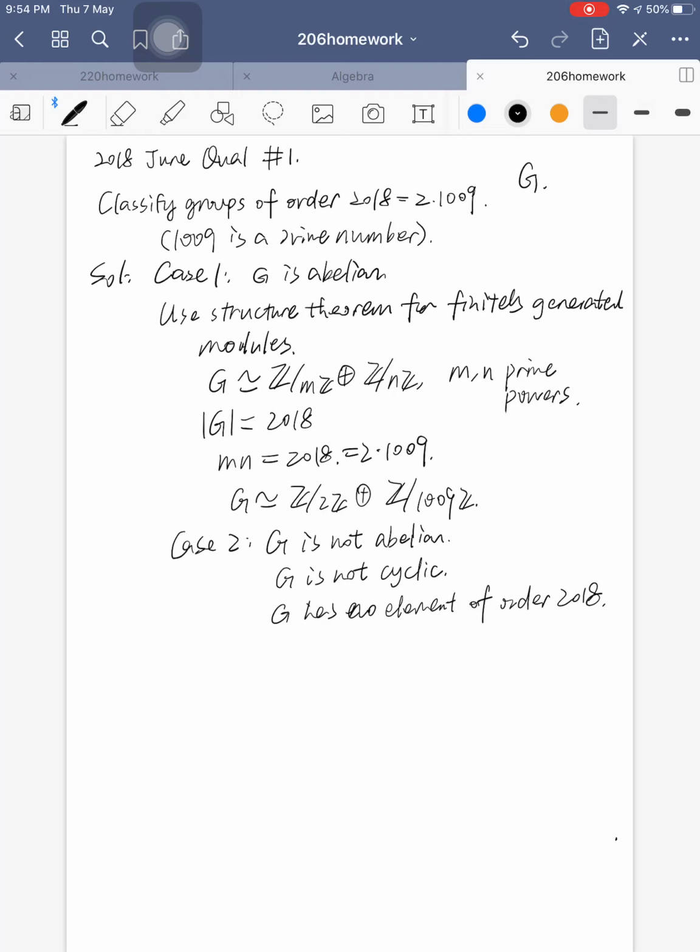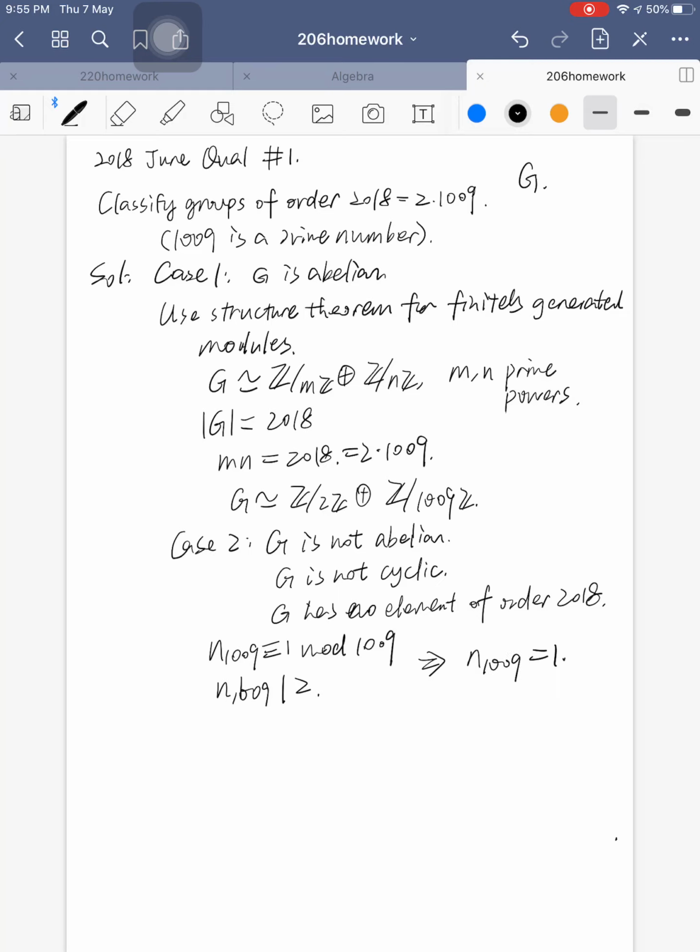Now let's consider the Sylow theorem, the subgroup of order 1009 and the subgroup of order 2. By the Sylow theorem, there should be a subgroup of order 2 and a subgroup of order 1009. So n_1009 equals 1 mod 1009, and it also divides 2. So this gives us that n_1009 equals 1.